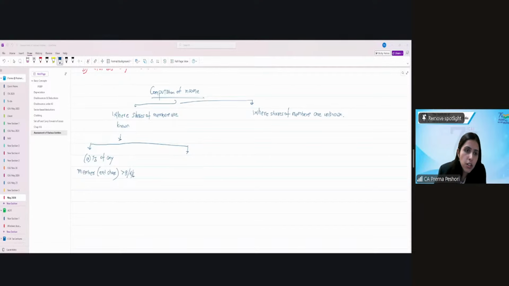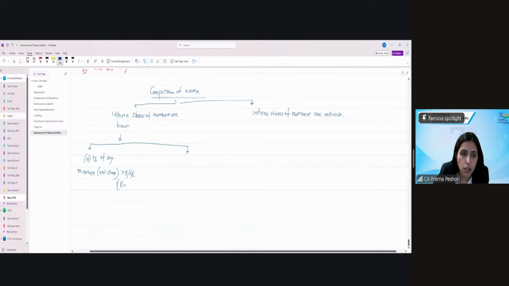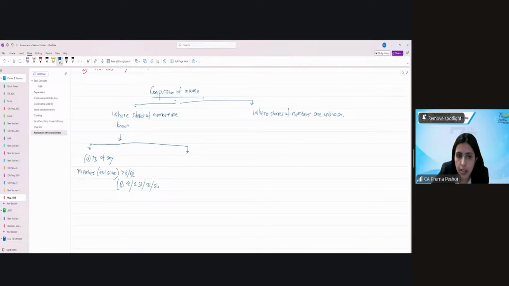Now what is the basic exemption limit? It is 3 lakh or 4 lakh in the new regime under 115BAC and 2.5 lakh in the old regime. Then 3 lakh for a senior citizen, and for a very senior citizen it is 5 lakh. These are the basic exemption limits.